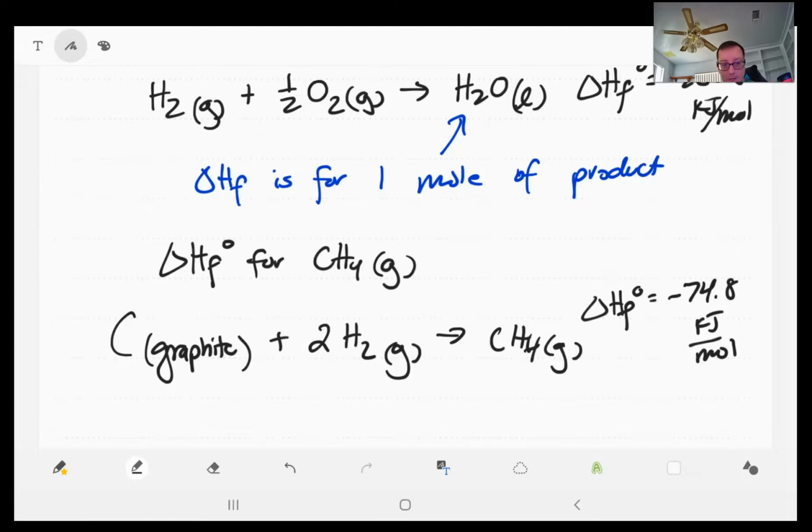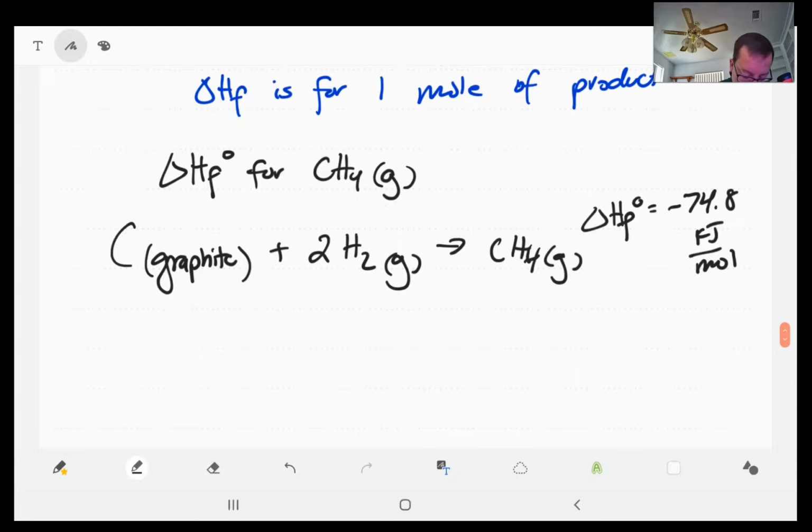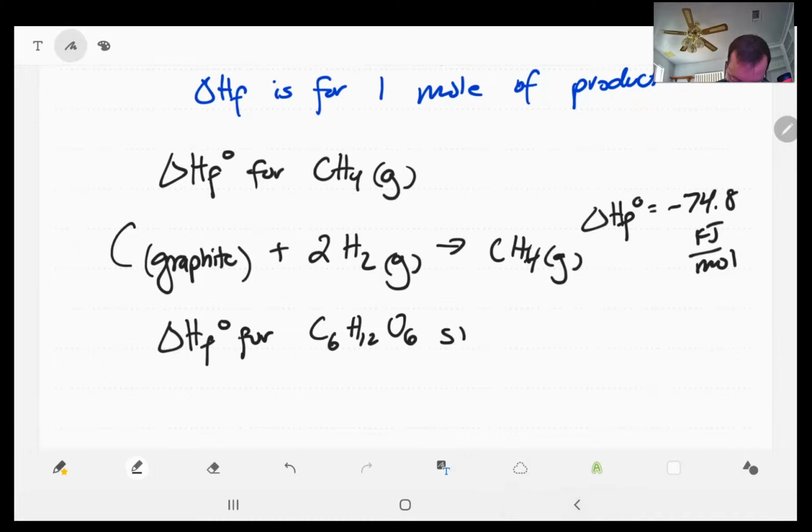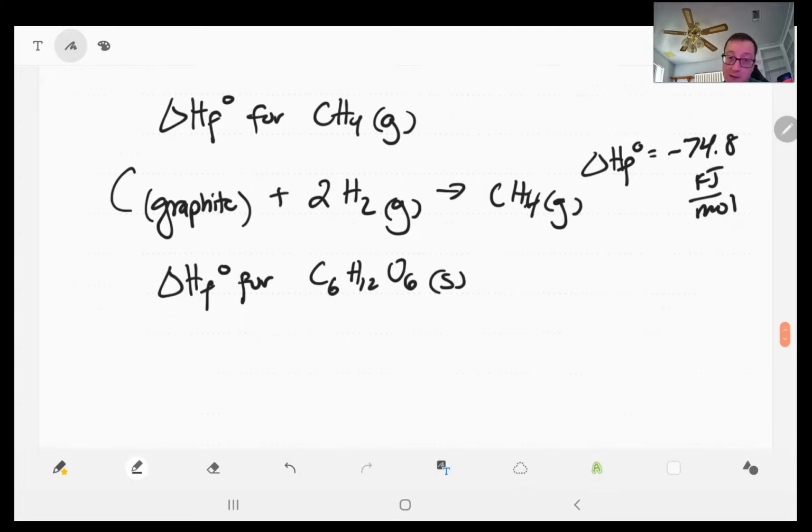And let's do another one. How about delta HF for, how about we do glucose? If we think what elements do we need to make glucose and what are their standard states, we need 6 carbon.